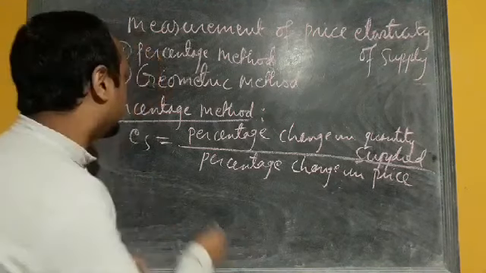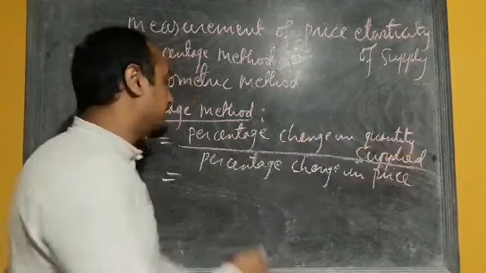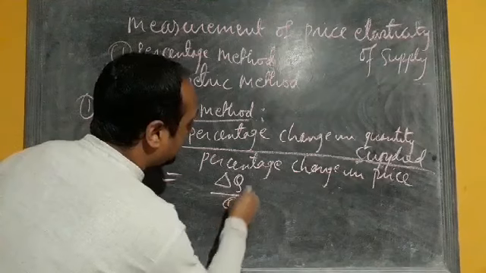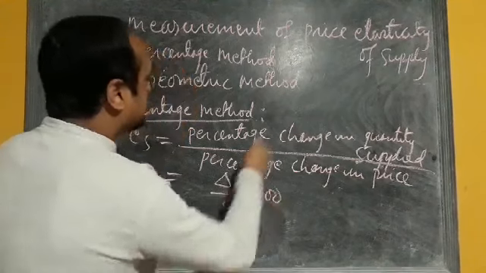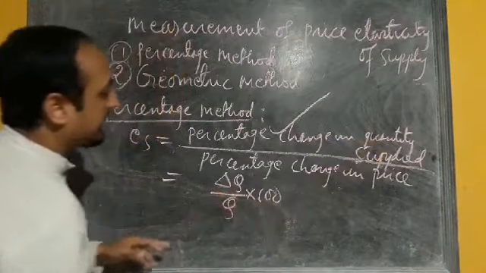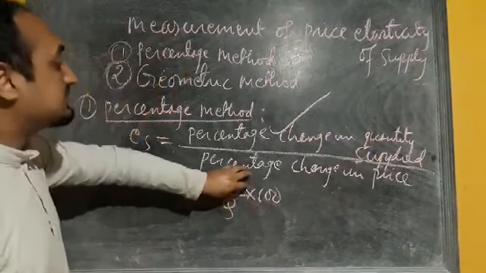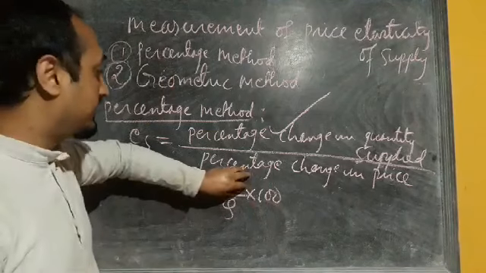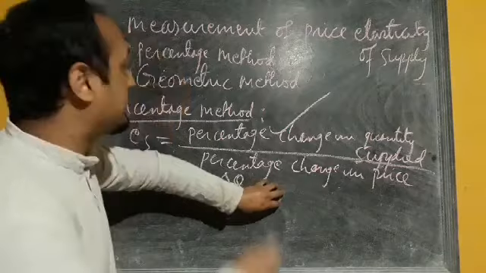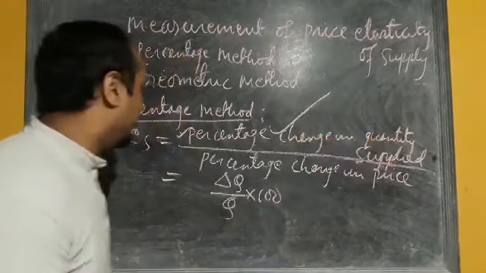Now we can derive the main formula. Percentage change in quantity supply can be written as del Q by Q into 100. Del Q is the change in quantity divided by initial quantity into 100, which gives the percentage change in quantity supply.